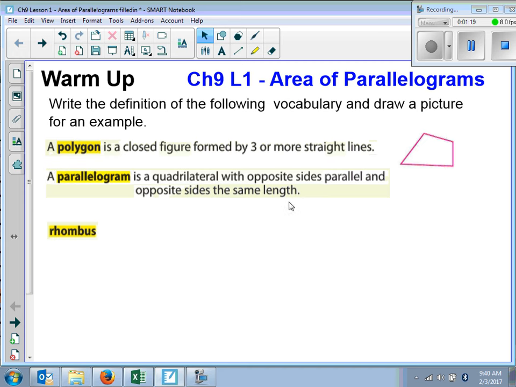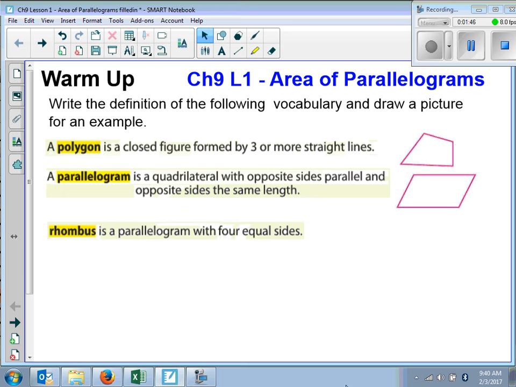What does parallel mean? They're 2 lines that never meet. Very good. So, here is an example of a parallelogram. And you can see here that the opposite sides are parallel and opposite sides are the same length.